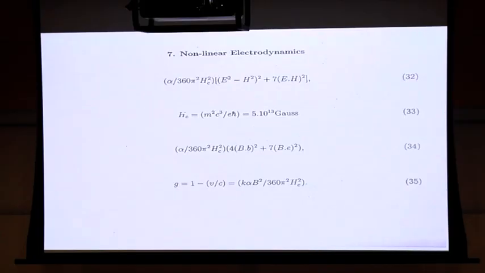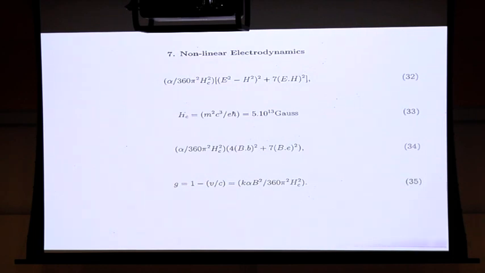So this is the Euler-Heisenberg nonlinear electrodynamics, which tells you that, in fact, the speed of light in a classical magnetic field is less than it would be in a vacuum. And so this final equation 35 gives the amount that the speed of light is reduced in a magnetic field.